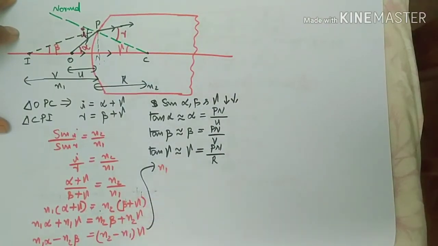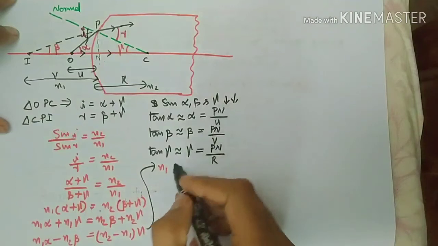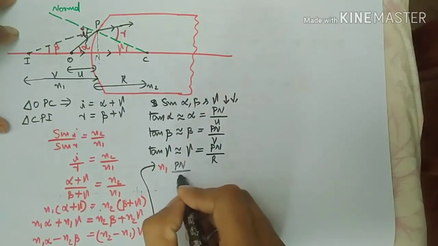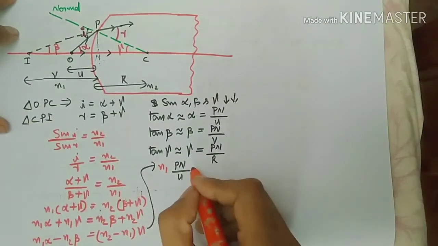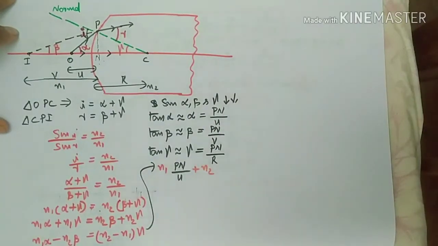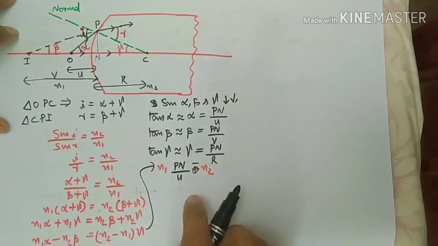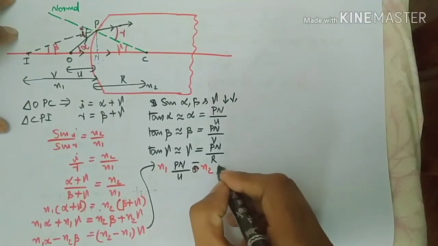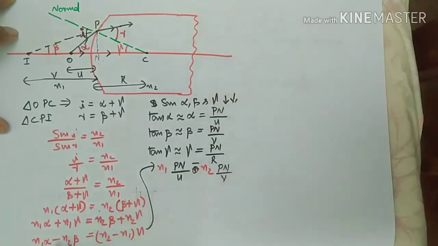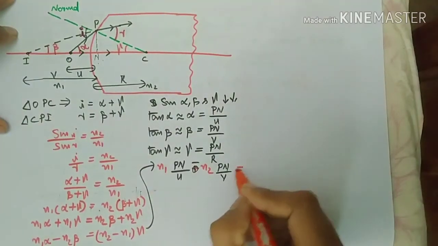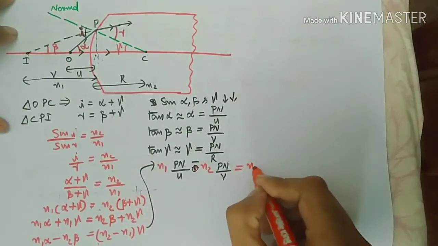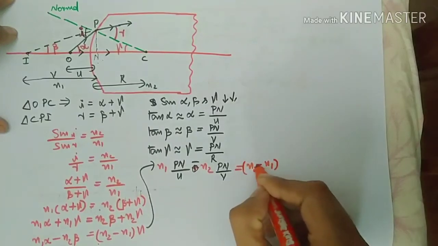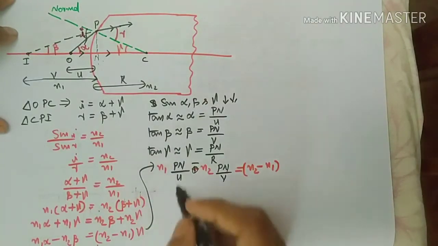Then substituting it over here, we get n1 alpha is PN by U, minus n2 beta. Not plus, it is minus. n2 beta is PN by V, is equal to (n2 minus n1) into gamma.